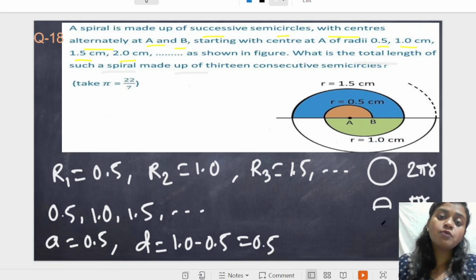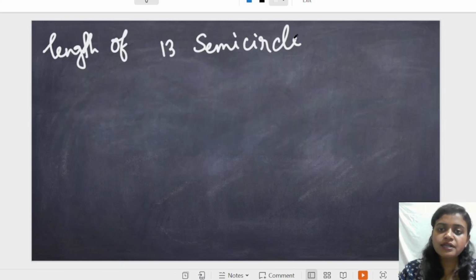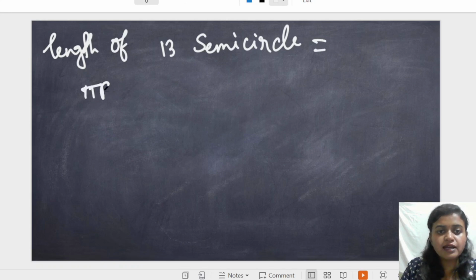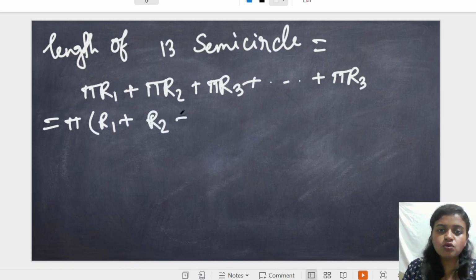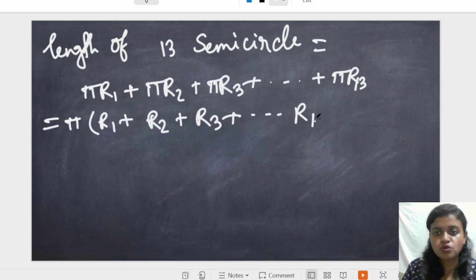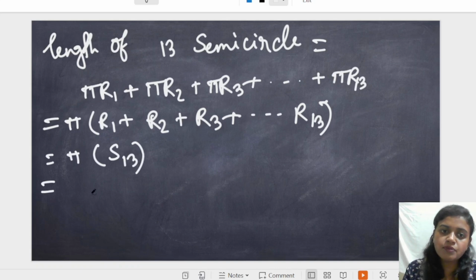But here you have to find the length of 13 consecutive semicircles. So you have to find pi r1 plus pi r2 plus pi r3 plus dot dot plus pi r13. If you take pi common, you will get r1 plus r2 plus r3 up to r13. So pi into S13, the sum of 13 consecutive semicircles.